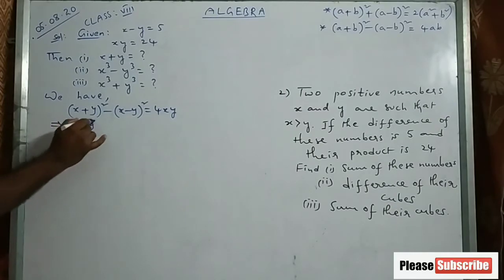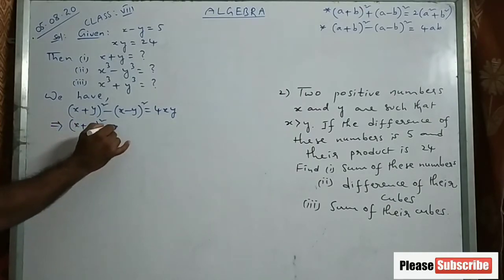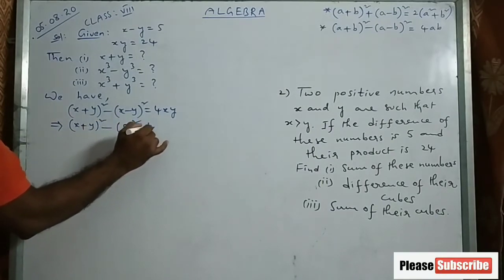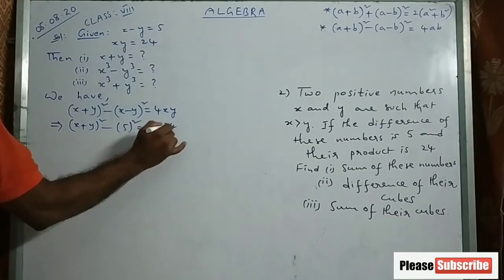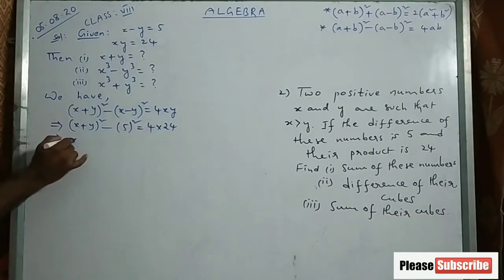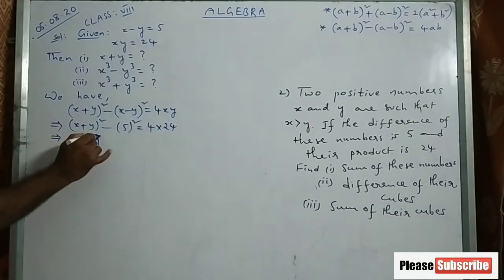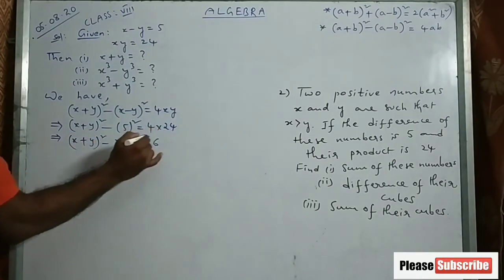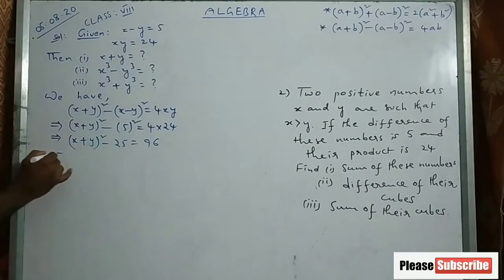x plus y whole square minus x minus y, value 5, whole square equals 4 times xy, value 24. So x plus y whole square minus 25 equals 4 4s are 16, 4 2s are 8 plus 1, 9.